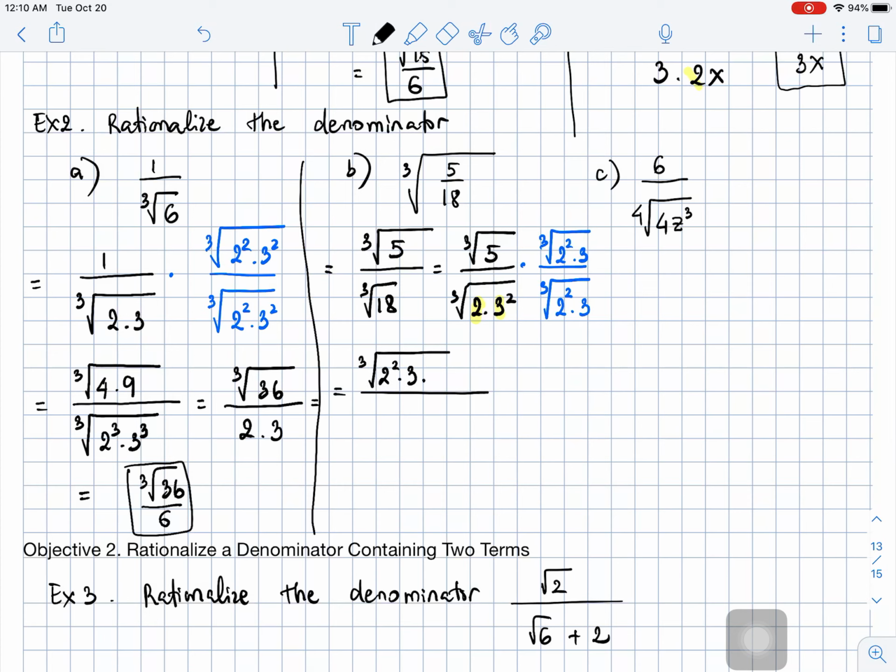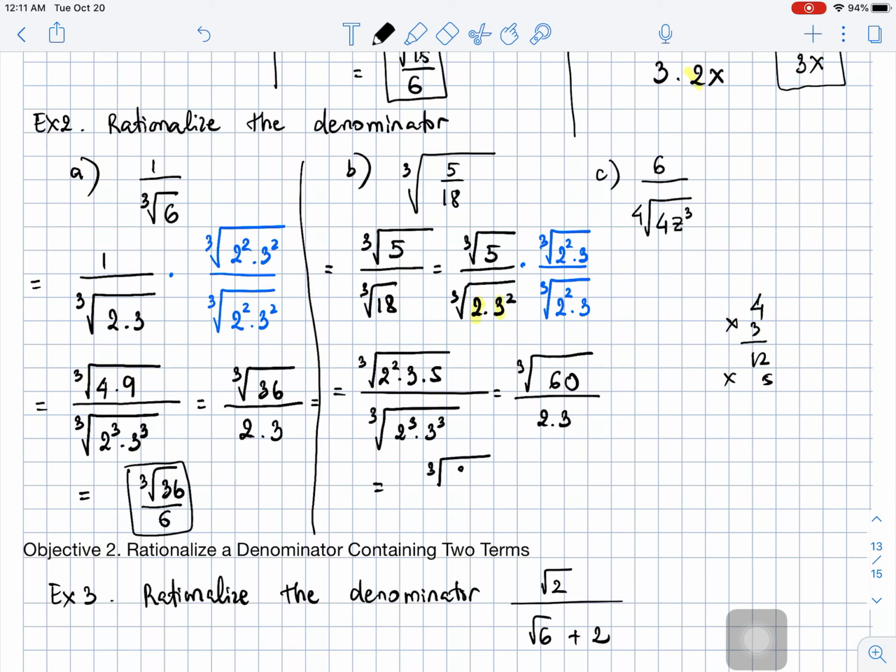You have 2 so far, so we need to multiply by 1 more of the 3 so that we get a total of 3 of the 3. You're going to multiply the top the same. So now we can multiply top and top, bottom and bottom. So we got cube root of 2 squared times 3 times 5, and then in the bottom, we got 2 cubed and 3 cubed.